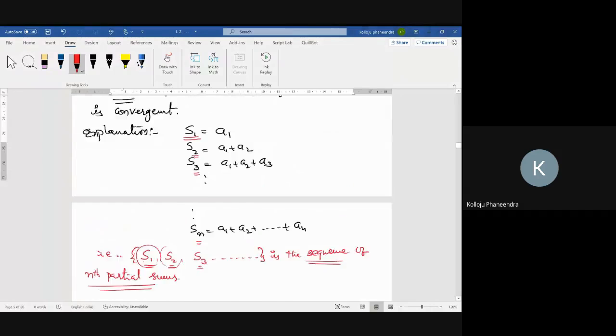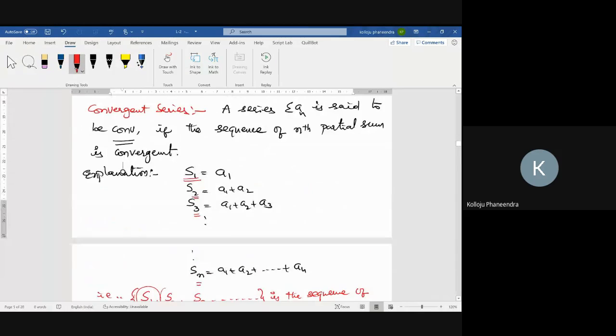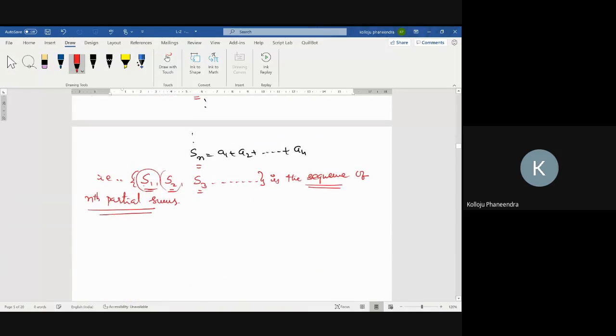Now, what is this? A series is said to be convergent when the sequence of nth partial sums is convergent.